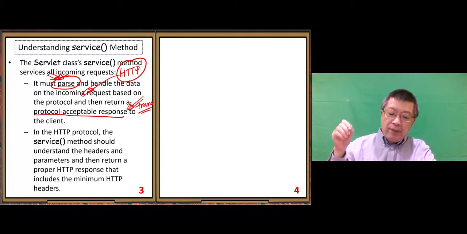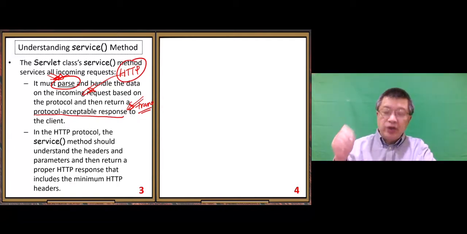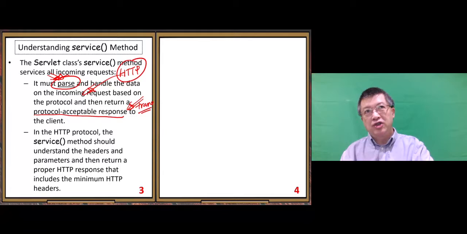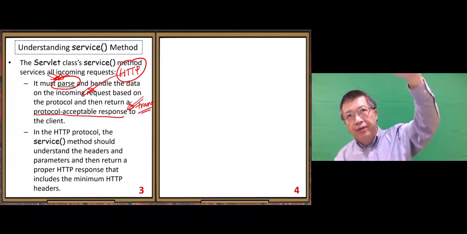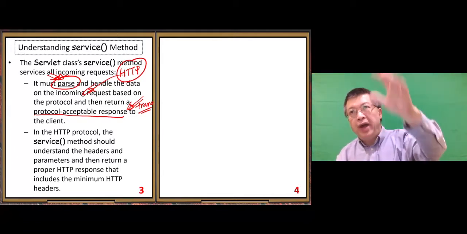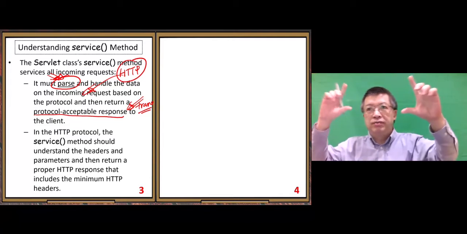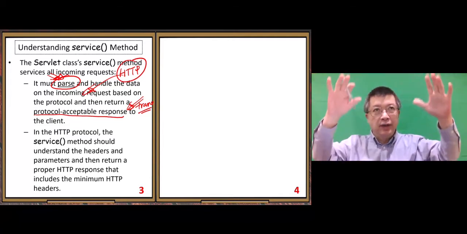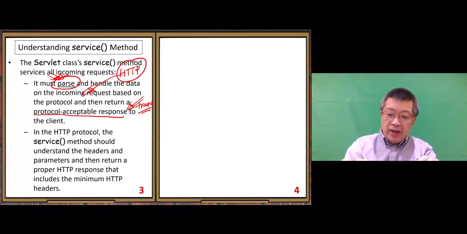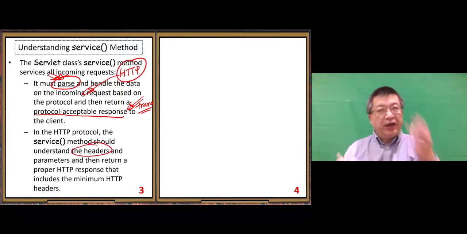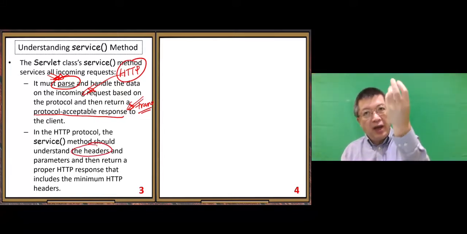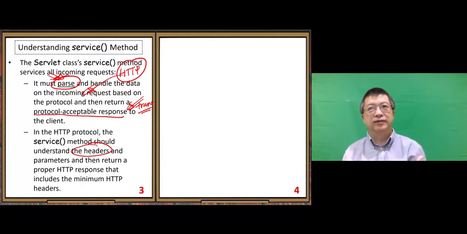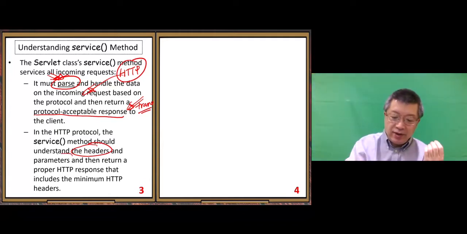In the HTTP protocol, the service method should understand the whole HTTP request data. It will understand the headers and extract information, the data from the header part, and the parameters, another part.